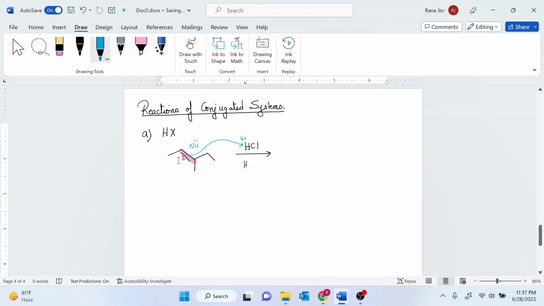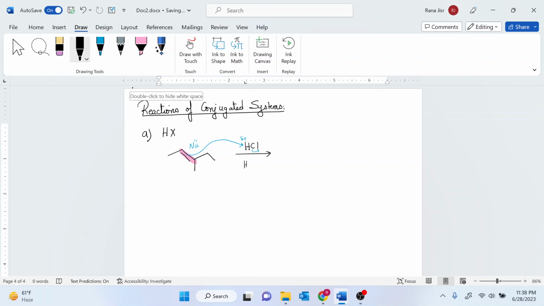And here you're having a reaction between a nucleophile and an electrophile in there. And then the chlorine is going to leave. So the first thing that you're adding here is the hydrogen. Hydrogen goes to the less substituted carbon because you want your most substituted carbon to be a carbocation.